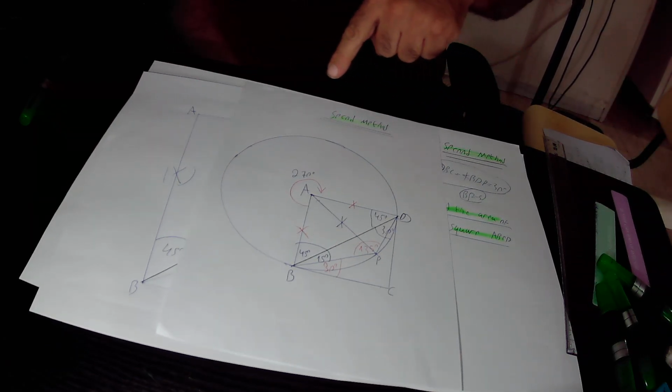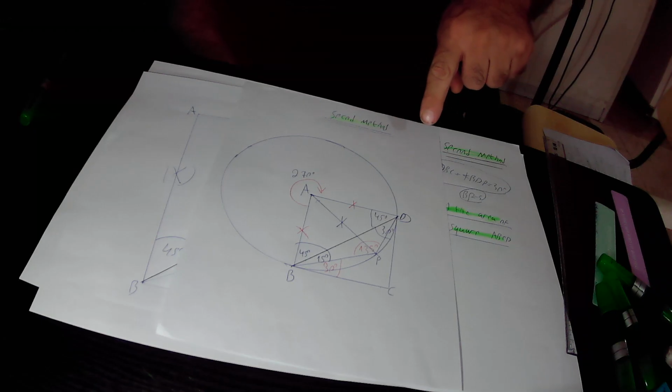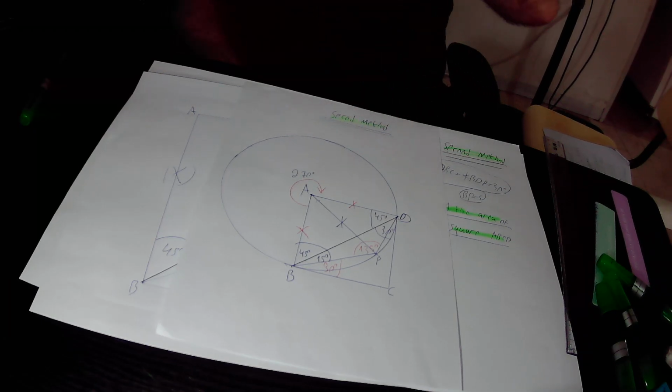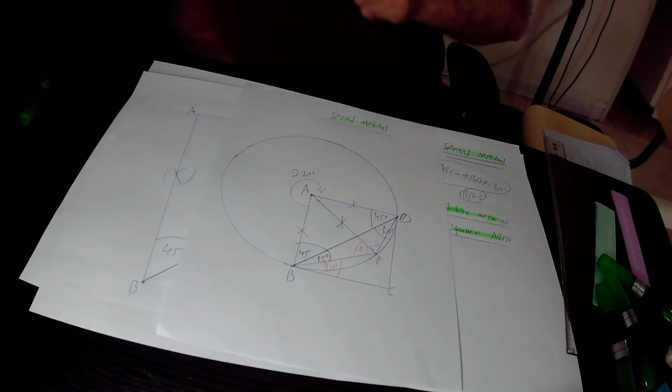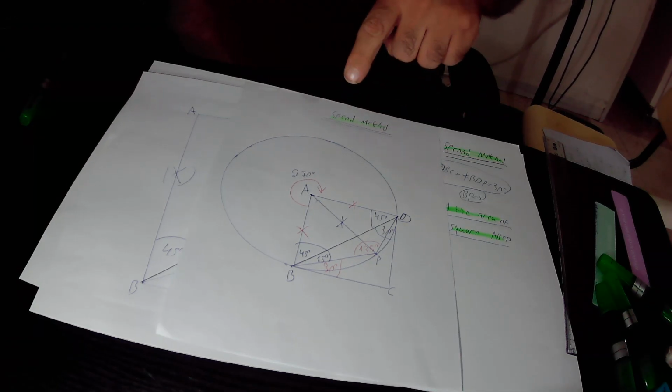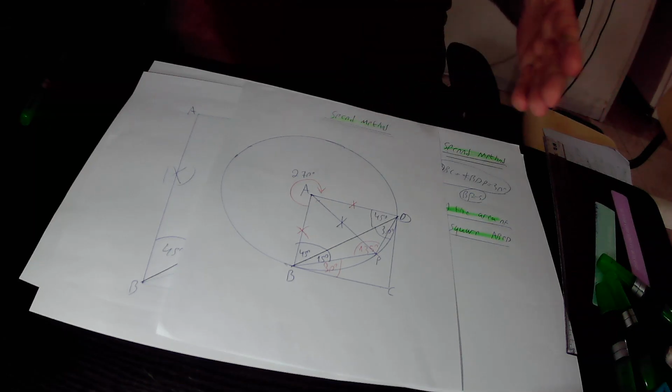This is the circle that we draw around square ABCD. So as I mentioned before, point A is the center of the circle, and the radius of this circle equals AB, that is the side length of square ABCD. AD is also the radius, that is x. So AB is the radius of the circle.